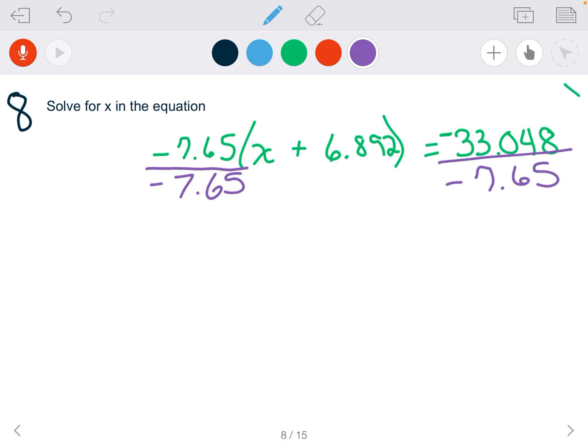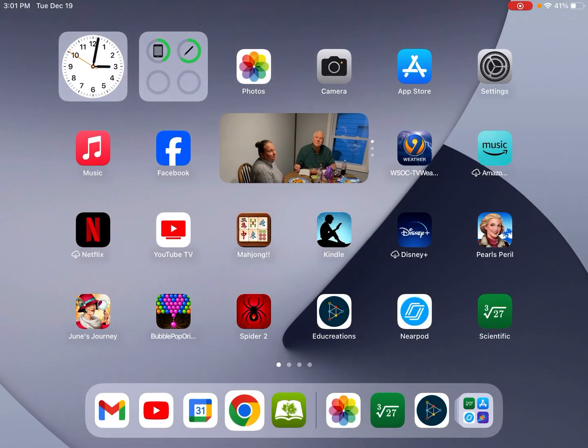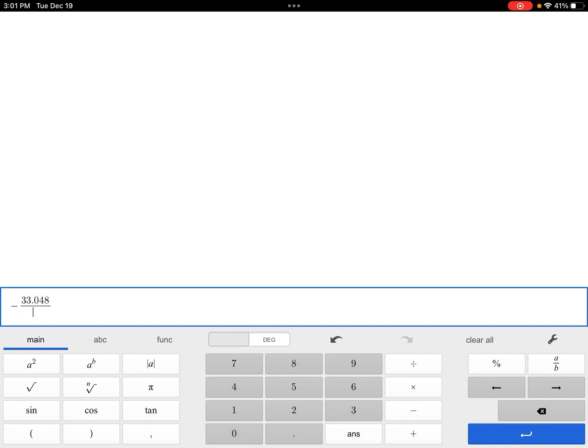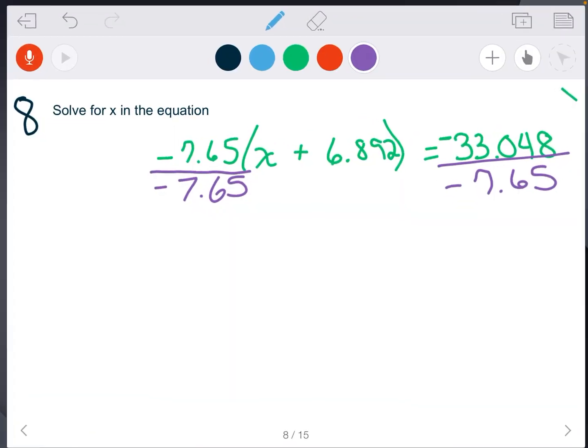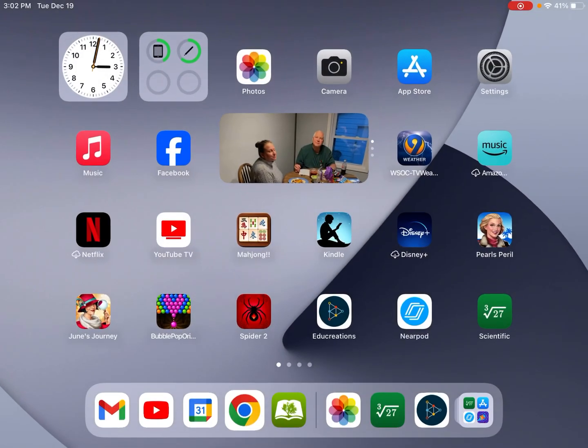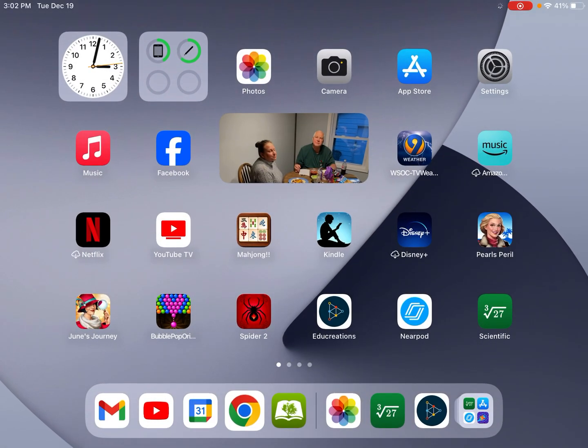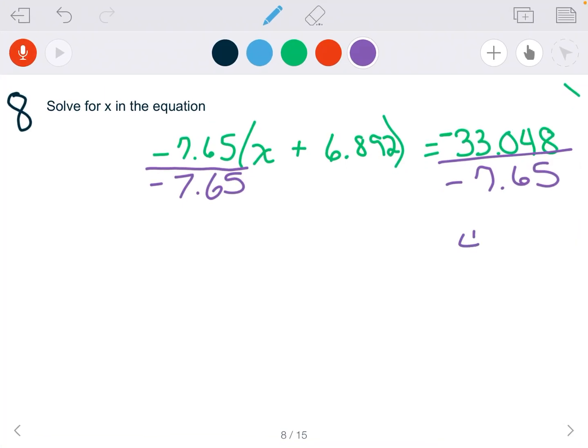So I've got a negative 33.048, and I'm dividing that number by a negative 7.65. Decimals let you use those negatives. That's what I like so much. So you can see I've got a positive 4 and 32 hundredths.